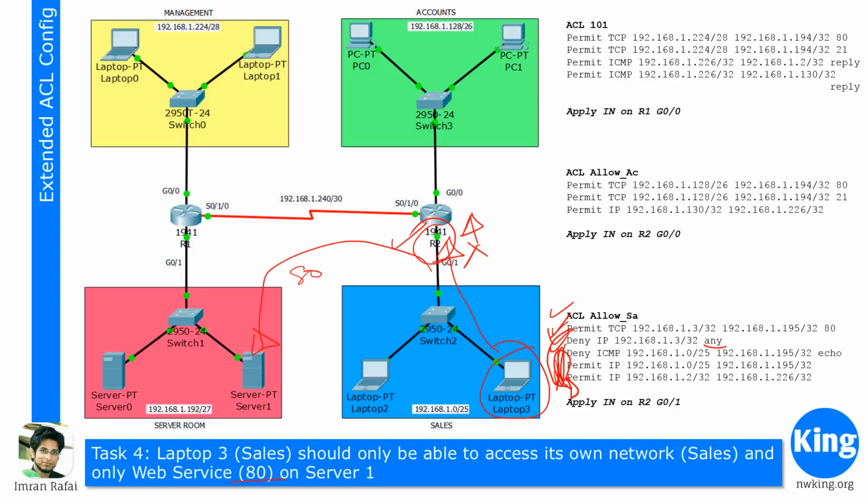If this deny was down here, it wouldn't have worked, because whenever laptop 3 tries to communicate out, these commands would have let it go through anyway. So the order really matters, and that is why you need to first design it on a piece of paper and then finally start typing it onto your router. So let's go to Packet Tracer and try to configure all these things there.